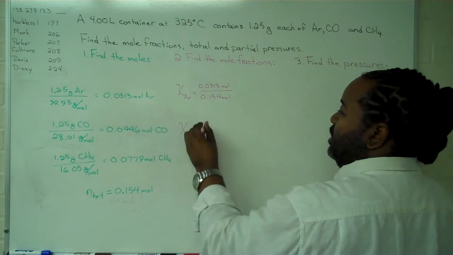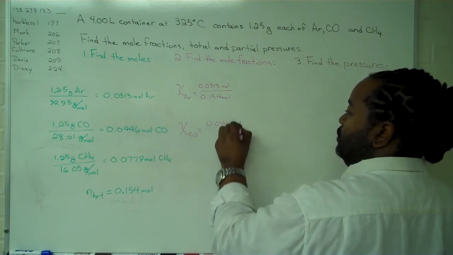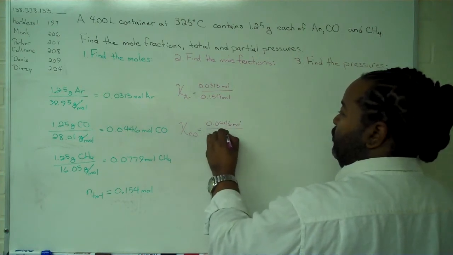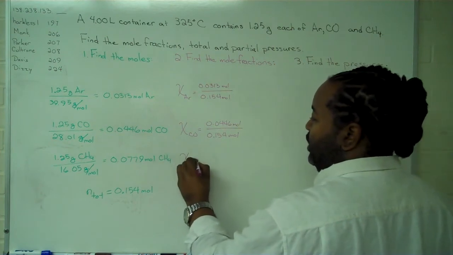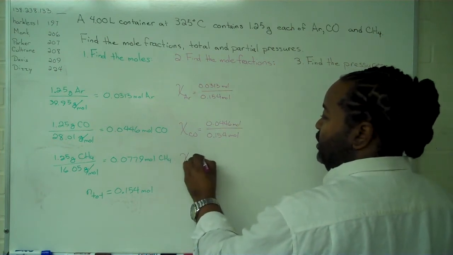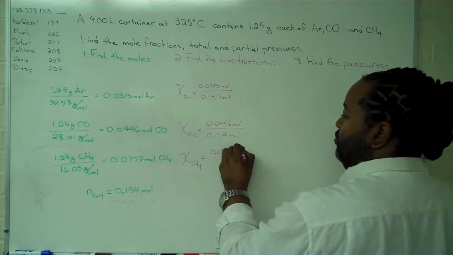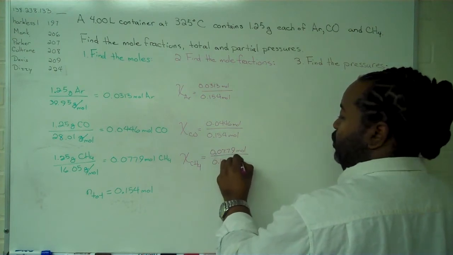We'll have the same thing for carbon monoxide, 0.0446, divided by 0.154. And then finally for the mole fraction of methane, 0.0779 divided by 0.154.